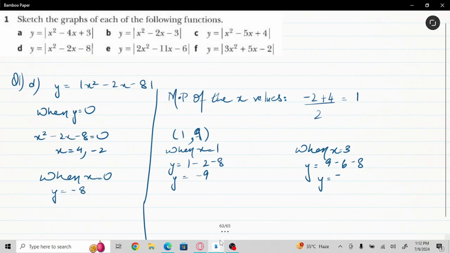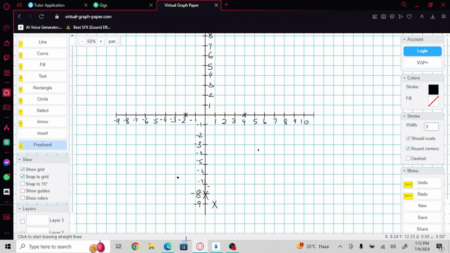So we are going to get negative 5, if I'm not wrong. Let me check this out. So x equals positive 3, y equals negative 5. Positive 3, negative 5. Yeah, another point is just going to help us draw a more detailed graph.